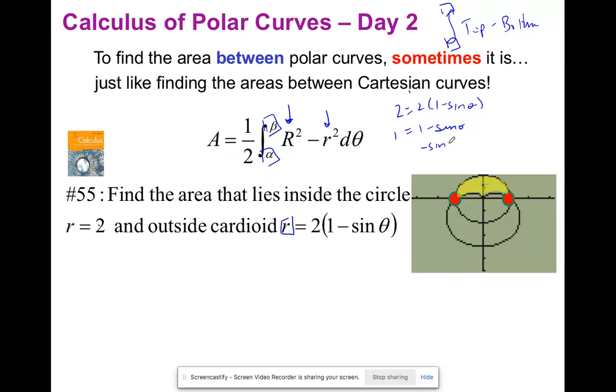Subtract 1 from both sides to get 0. Where is sine of theta equal to 0? Well, hello. Theta equals 0 and theta equals pi. That is not too surprising, right?